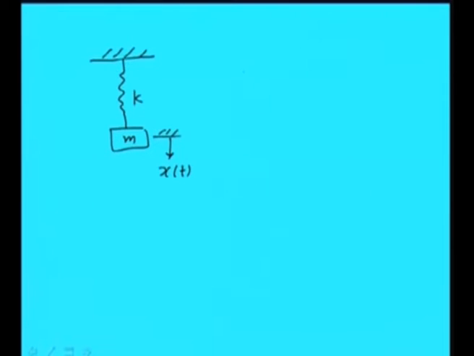Now we can write the kinetic and potential energy terms. The kinetic energy will be half m times the square of the velocity, and the potential energy stored in the spring will be half k x square.